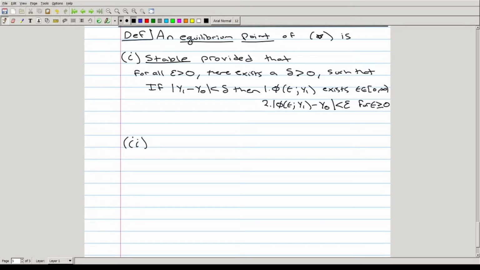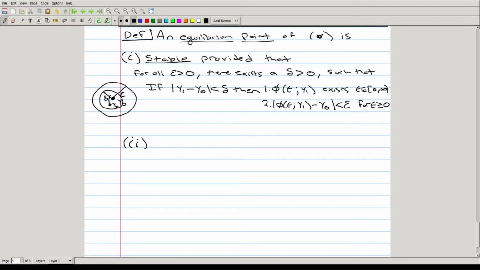So I'll give you a good picture of what this means. This is a 2D picture, and I'll extend our idea to 2D. This is saying that if you have an equilibrium point y0, then for any epsilon, no matter how close you want to get to y0, there's always going to exist a smaller delta region around y naught, such that if solutions have an initial condition inside this delta region, the solution will stay within epsilon for time t greater than or equal to 0.